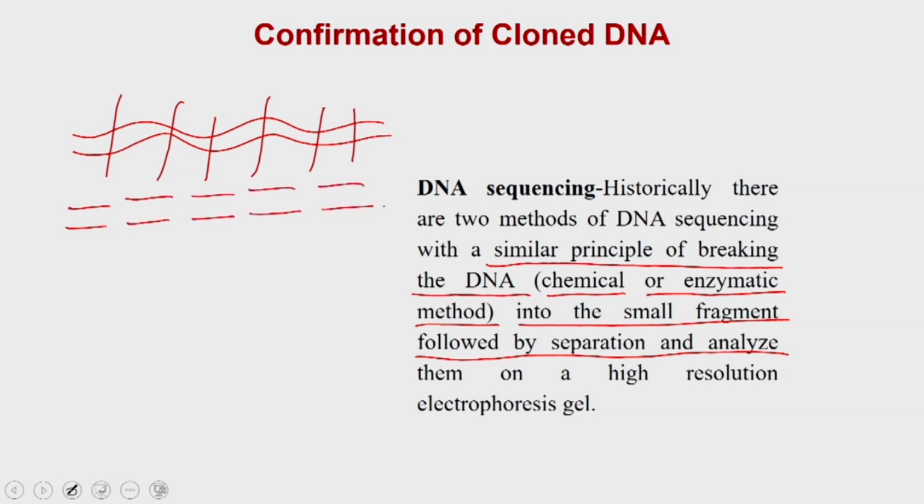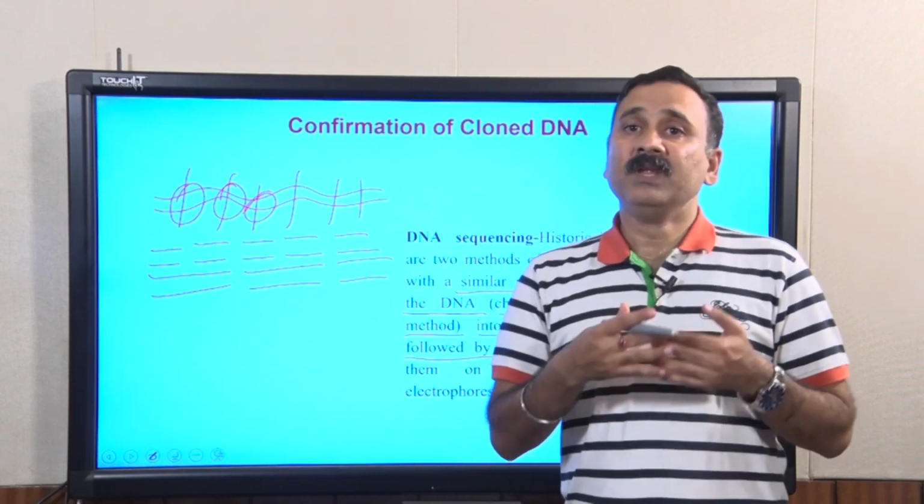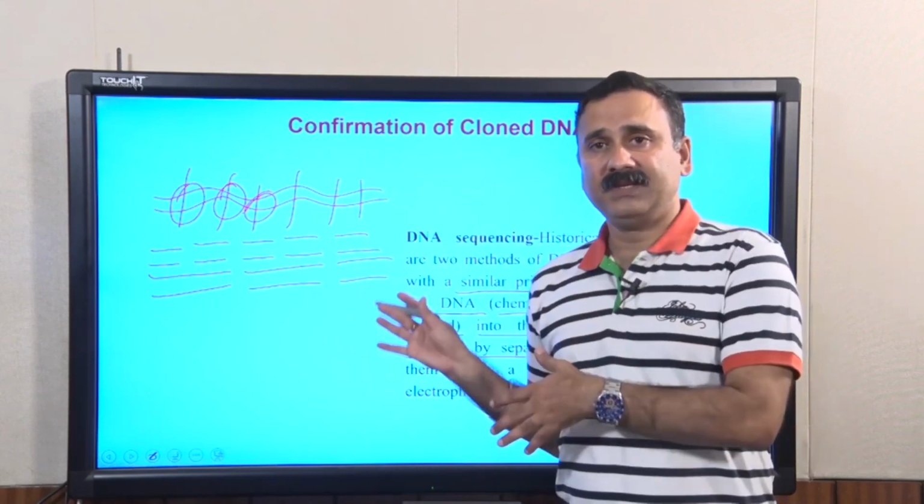But apart from this you also get fragments which overlap this region or this region or this region, which means if you analyze all these fragments you will be able to put them into the right order, and that is how you can sequence them using these techniques.